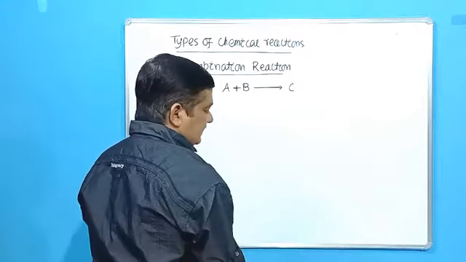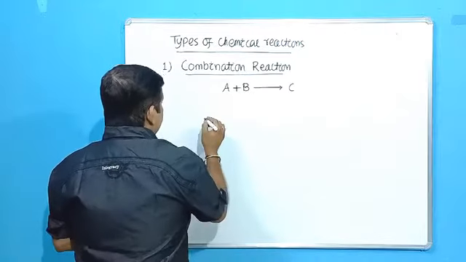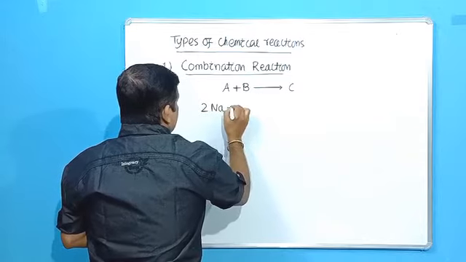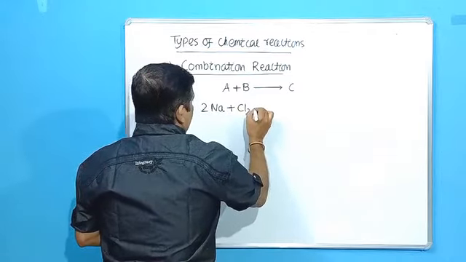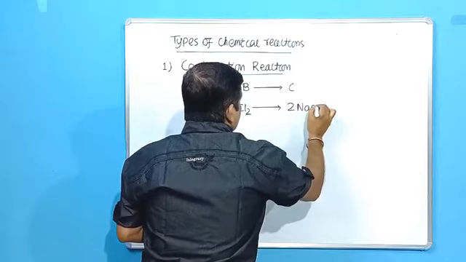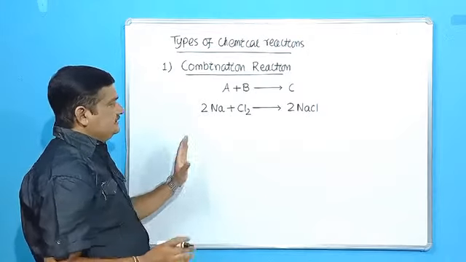So this is called a combination reaction, also known as synthesis reaction. For example, 2Na plus Cl2 will give you 2NaCl. So this can be one example of your combination reaction.